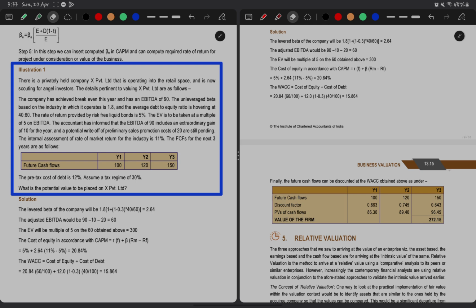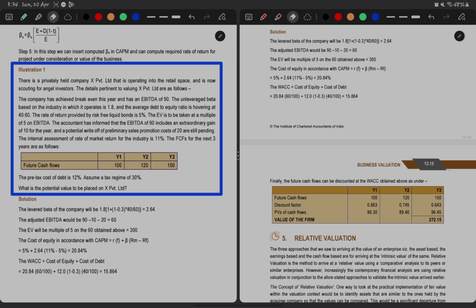So here X Private Limited is also going for angel investors as they require funds. The details pertaining to valuing X Private Limited are as follows. In the general scenario, when we are seeking money from angel investors, we will show them the valuation of our company, giving them the credibility and the viability of the business.